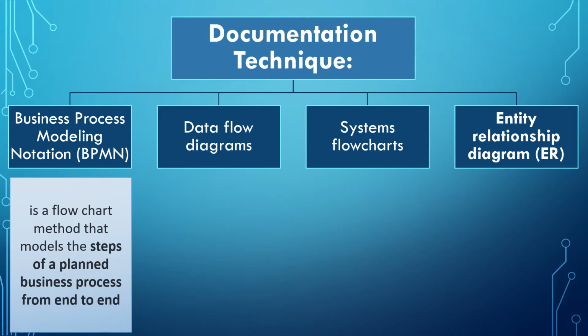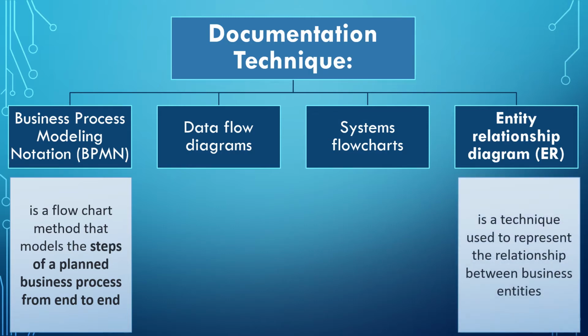The entity relationship diagram, or ER diagram, is a technique used to represent the relationship between business entities. So it focuses only on the relationships and the type of relation between the entities.